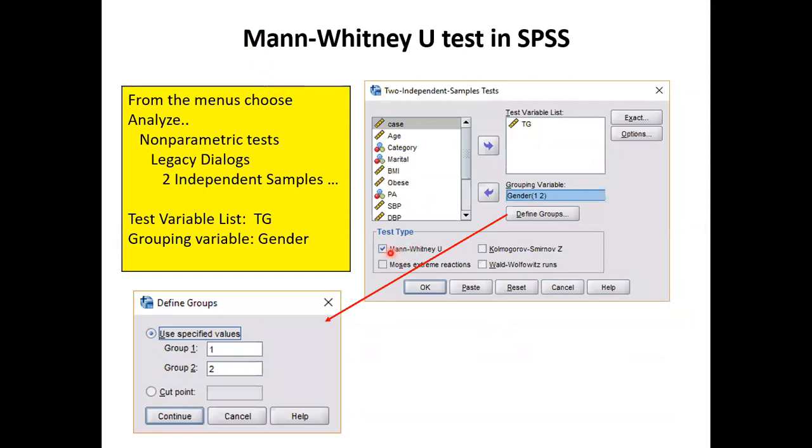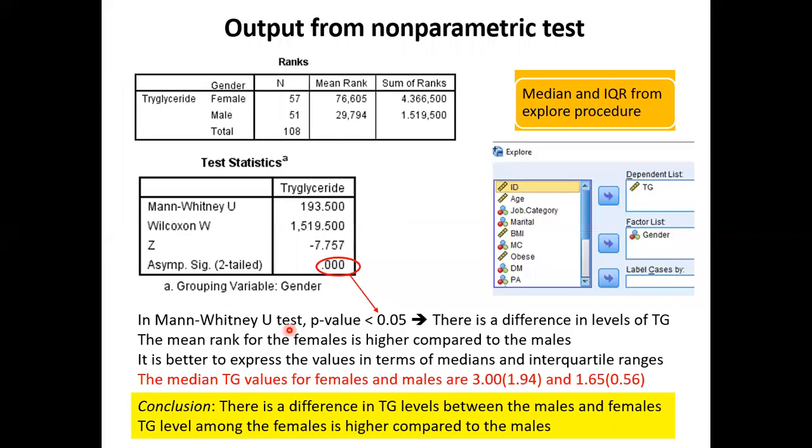Look at this, Mann-Whitney U test. Non-parametric Mann-Whitney U test. So we follow the instruction. TG goes here. Grouping variable comes here. Similar to just now, except using Mann-Whitney U test. Define groups, everything similar. Look at the output.